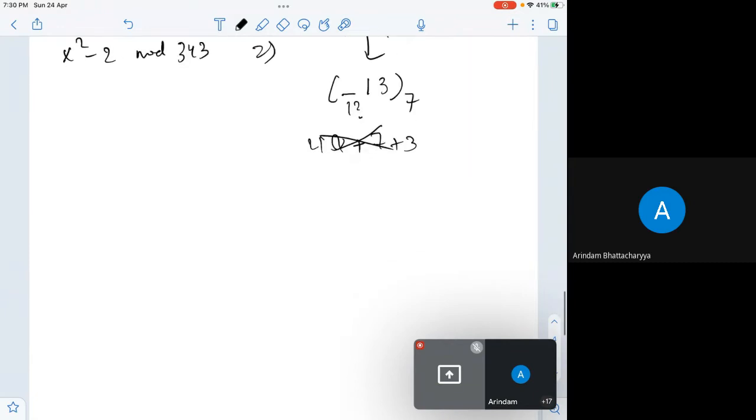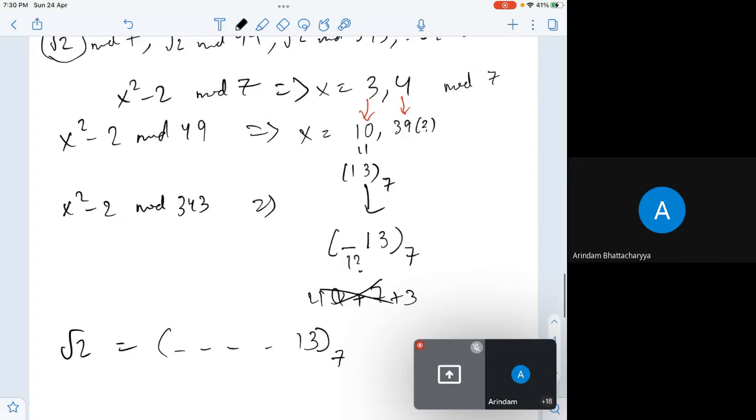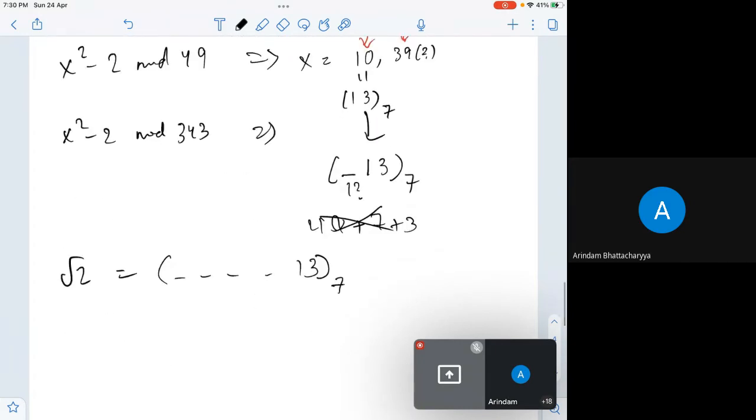But the idea is that you get an expansion of root 2 mod 7, well, plus or minus that. Does this line make sense? So same thing as we did here.